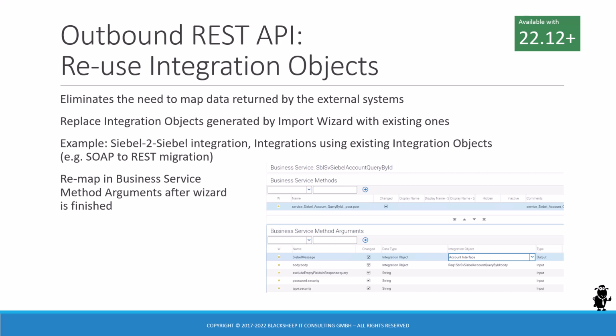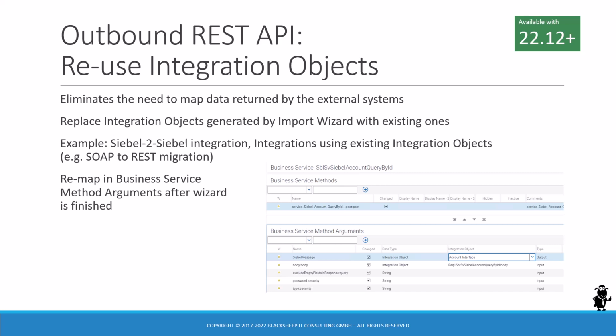And those integration objects could actually match exactly existing integration objects that you have already defined for several purposes, such as Siebel to Siebel integration, or any integration that uses existing integration objects, such as SOAP services or ASIs, application services interfaces, etc.